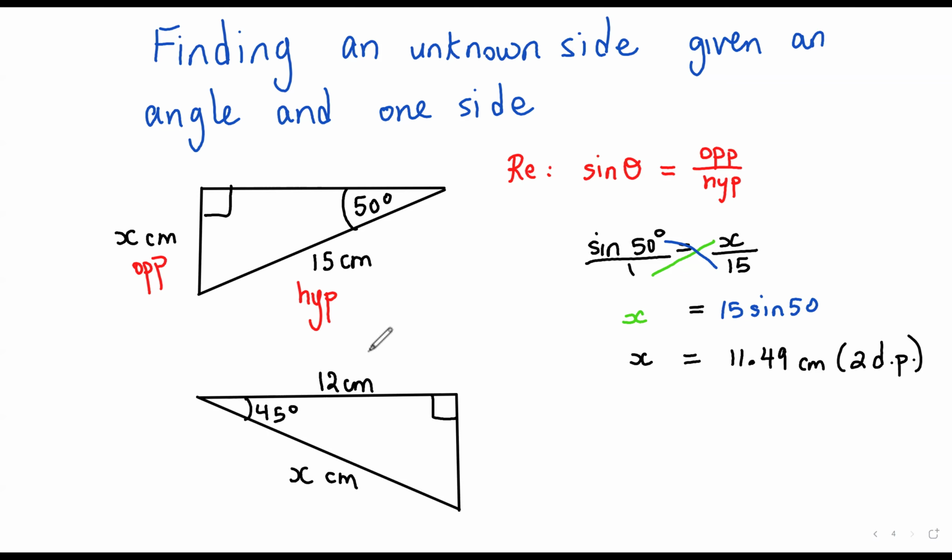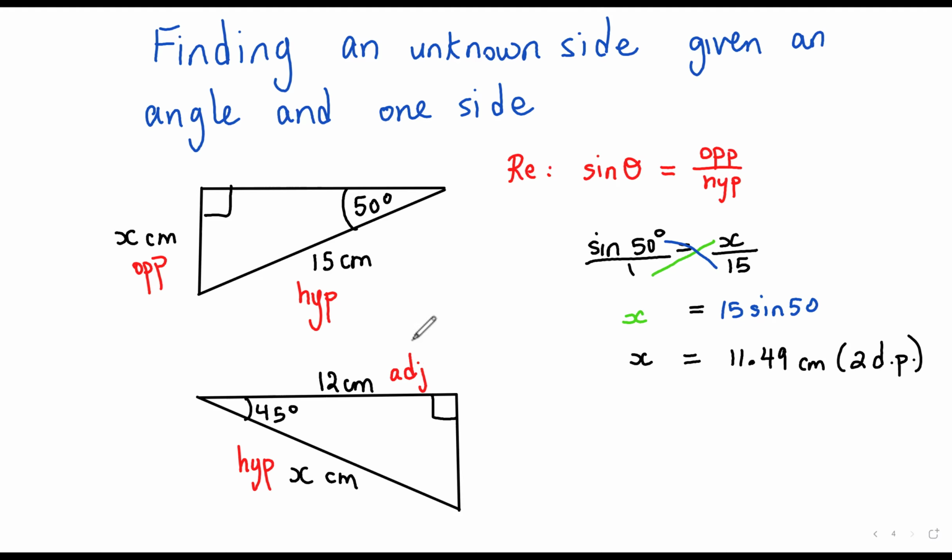Again, the first thing you need to do, guys, whenever you're doing trig is to label your sides, so that you know what you're working with. The side that's marked x centimeters is which side? Yes, that side is the hypotenuse. And the side that's marked 12 centimeters is the adjacent. That's correct.